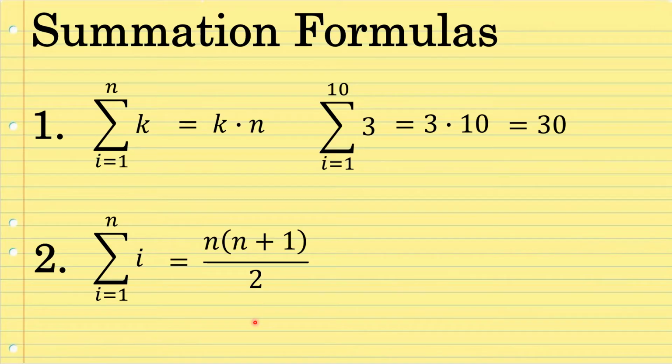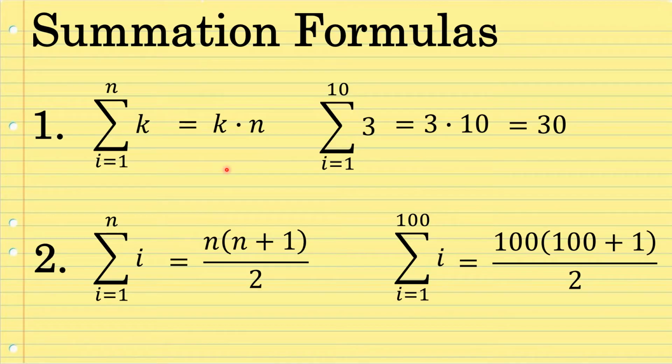Again, let's look at an example with some numbers. The sum as i goes from 1 to 100 would be very time-consuming to compute by hand. This represents 1 plus 2 plus 3 plus 4, the whole way up to 100. This formula will allow you to find that sum very quickly. We'll substitute a 100 for n and get 100 times 100 plus 1, all divided by 2.